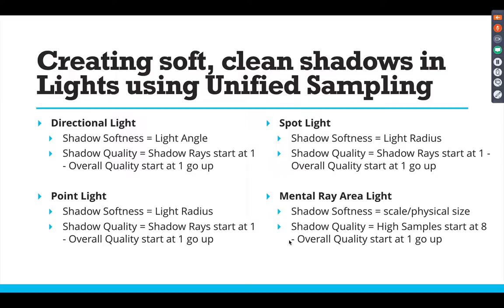By a little bit, I mean a little bit, because that can kill your entire render. So if the default for shadow rays is at 1, try 2. If not 2, try 4. You shouldn't have to go above 4. Occasionally you might, but for one single light, it's a lot less expensive than cranking up overall quality for the entire scene.